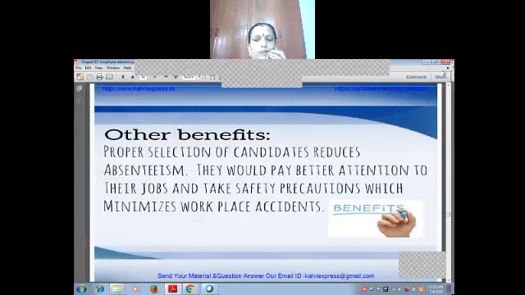They will never skip their work. They would pay better attention. They will give more attention to their job, and then safety precautions which minimize the workplace accidents. They can avoid accidents. How, in the sense they will take care of themselves. So they will take the safety precautions whatever they are doing. So they can avoid the accidents in the workplace.